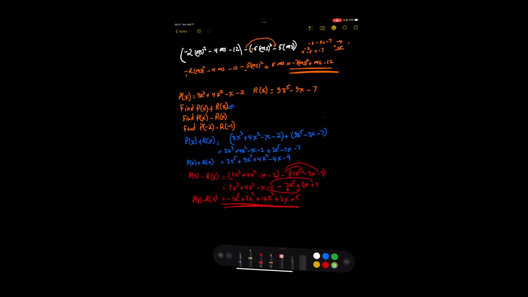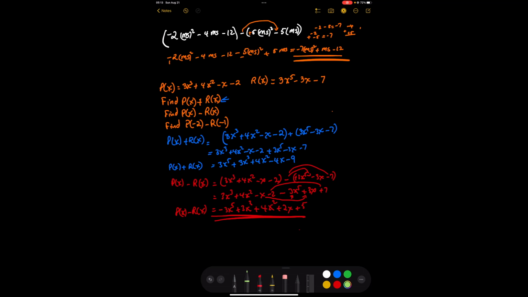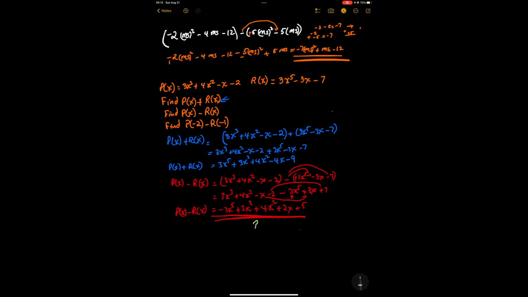We can't just plug that number into what we already have, which is the answer right here. Why? Because that would not give you the answer. So you have to first find p of negative 2, and then find r of negative 1, and then you can do the subtraction. So let's find first p of negative 2.